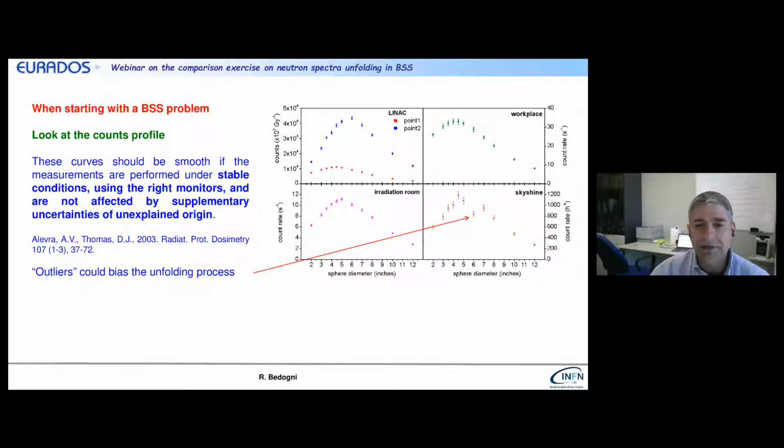In this case, in a real experiment, we should think to repeat the measurement, to perform some further investigation. In a simulated experiment like this one, the user could decide to exclude this point from the set of data used for unfolding, as this point could lead to bias in the result.